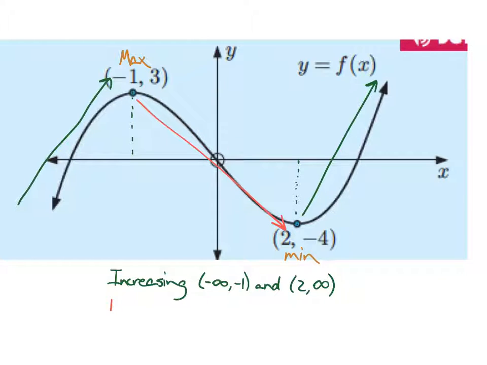So it's decreasing on the interval from -1 to 2. Notice that's not a point, that's an interval. Make sure you look at context when interpreting notation. Okay?